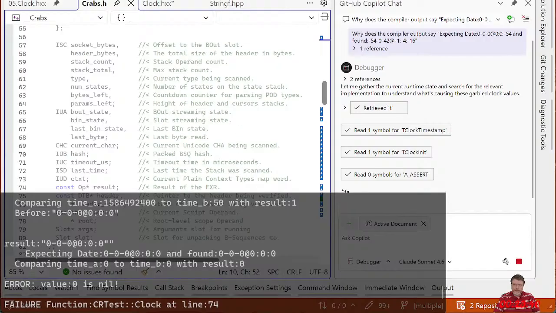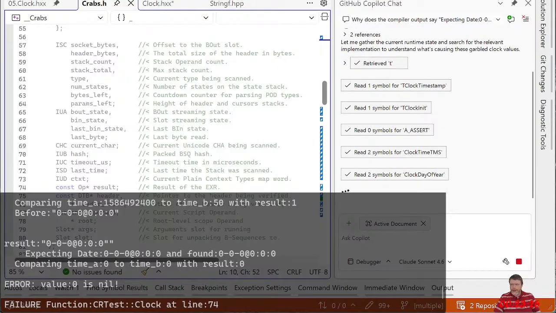Oh, I cannot wait till this thing finishes. I am so happy I have an AI to assist me with my open source projects, because I just work for free.